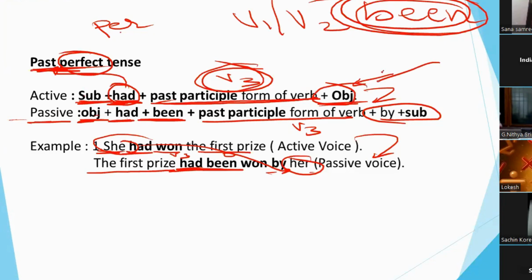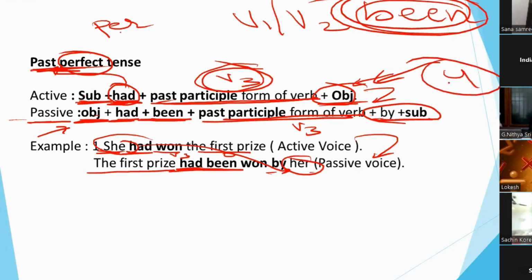When you change that into the passive voice, the structure should be object plus had plus been plus third form of verb plus by and subject, according to those four rules that we have learned. Now take this example, she had won the first prize. Basically, this is in the past perfect tense, right?